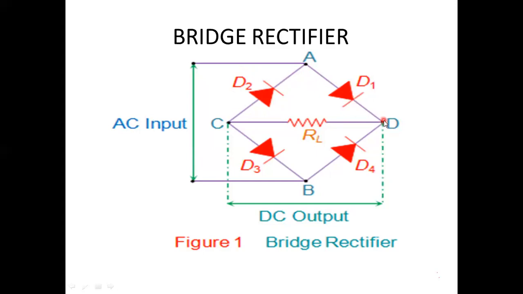At point D, again two paths. One goes here, another goes here. But when the current tries to flow here, that diode is also reverse biased. So the converted DC current will flow through the load resistance and go to point C. At point C, it gets two paths, D2 and D3.